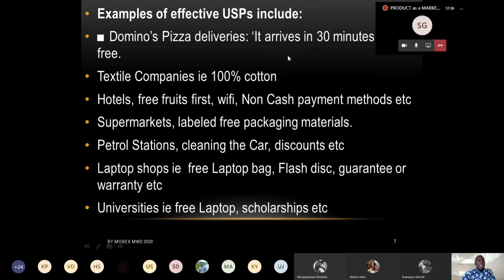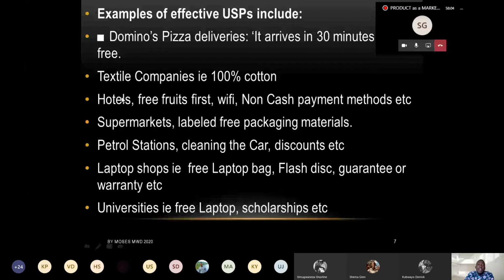Now, advantages. If you have this USP, like in a hotel, they give you free fruits or juice or Wi-Fi. There's a chance for that hotel to charge you a higher price, because you feel contented, comfortable, complete. And they are able to charge you, let's say, for a plate of pizza.